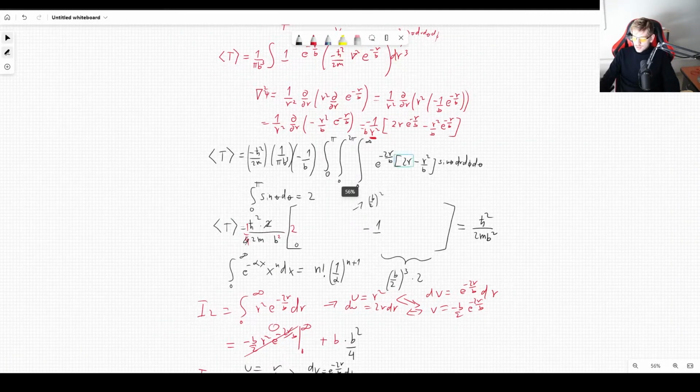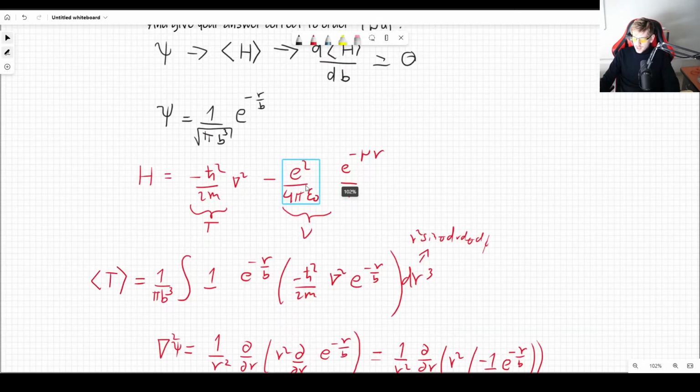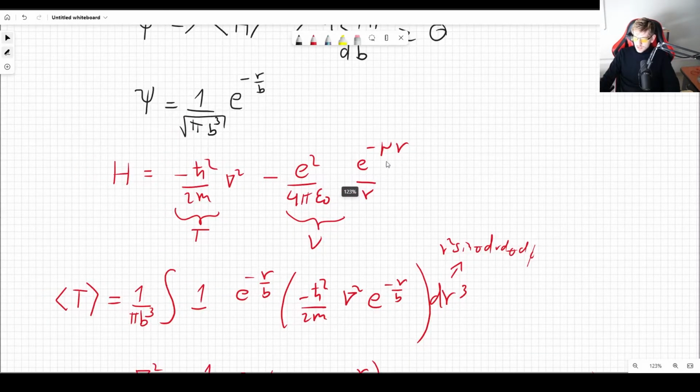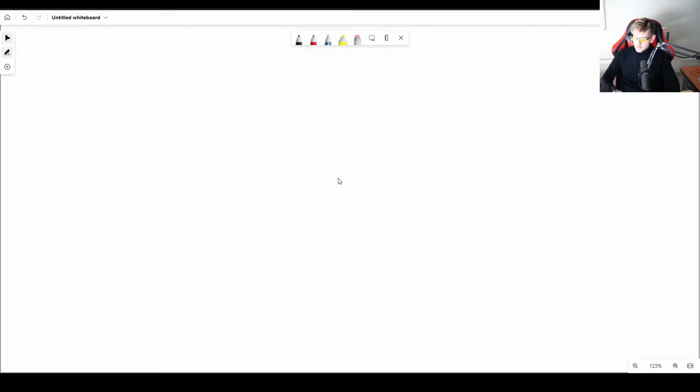So now let's go for the potential. So here is the potential. The expectation value of this, what is it going to be? Let's go off to the side here. The expectation value of the potential is going to be the integral. Let's pull the normalization constant up front, 1 over pi b cubed.